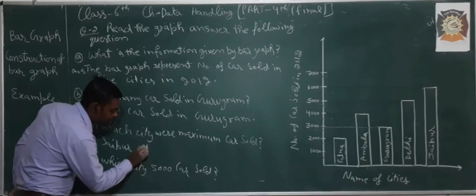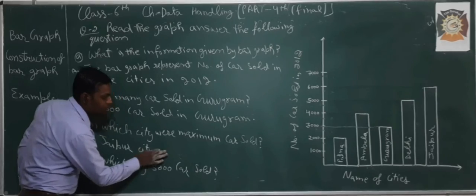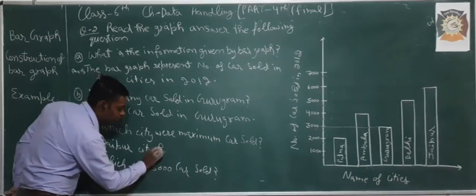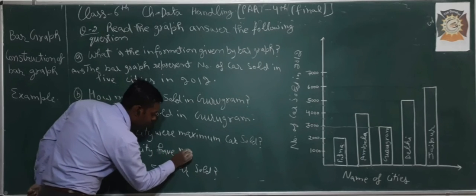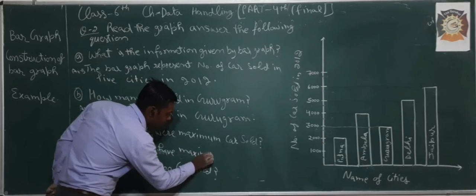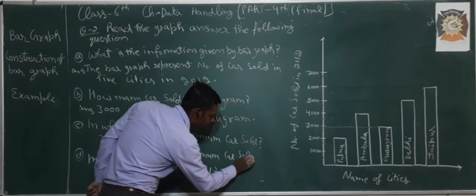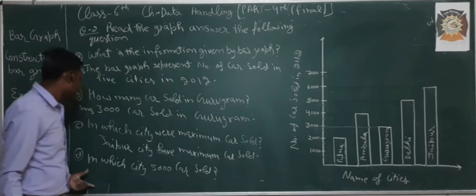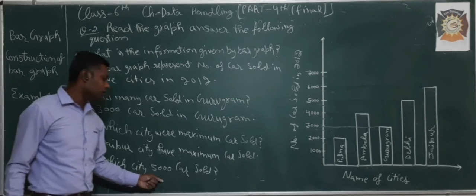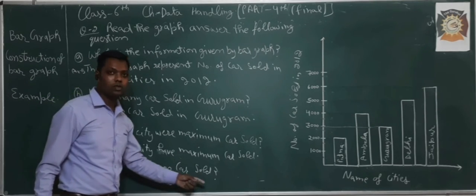Jaipur city has maximum cars sold. And in the last question, in which city were 5,000 cars sold?